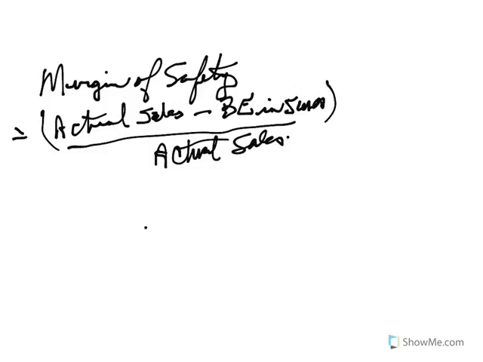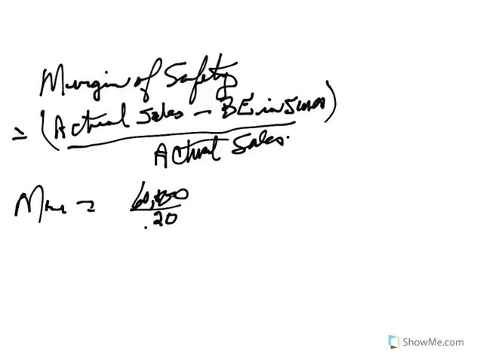We know the actual sales, but we don't have the break-even in sales, so we must calculate the break-even in sales. For the manual, break-even would be the fixed cost, 60,000, divided by the contribution margin ratio. That ratio would be 20% because the variable cost ratio for manual was 80%.